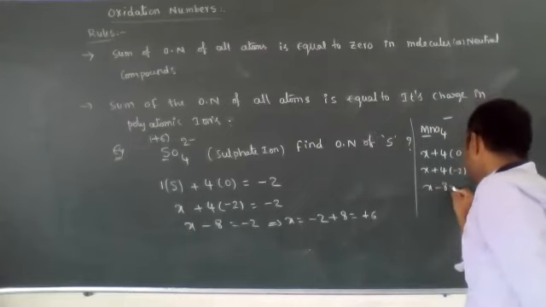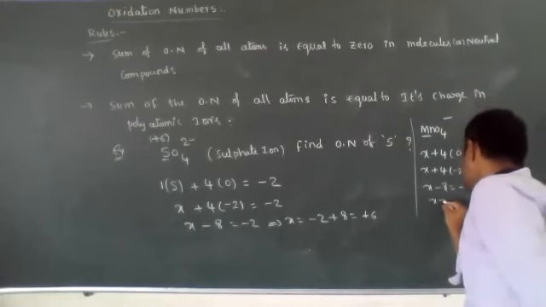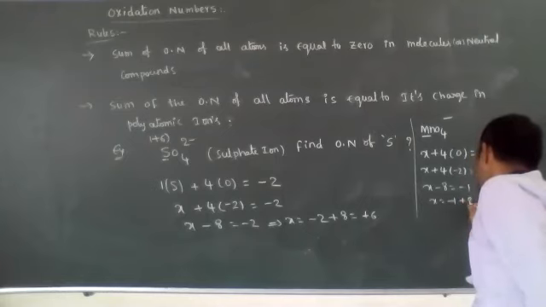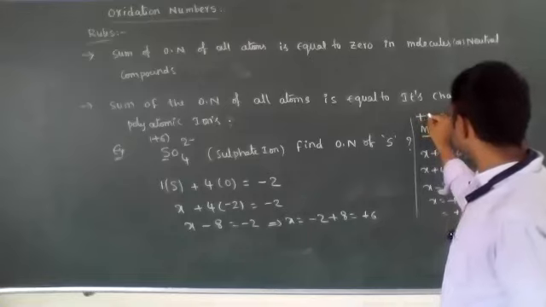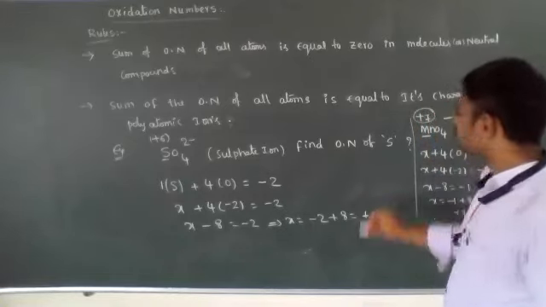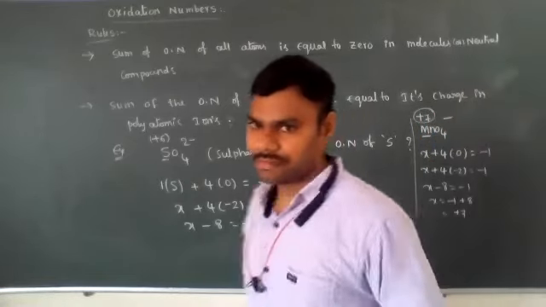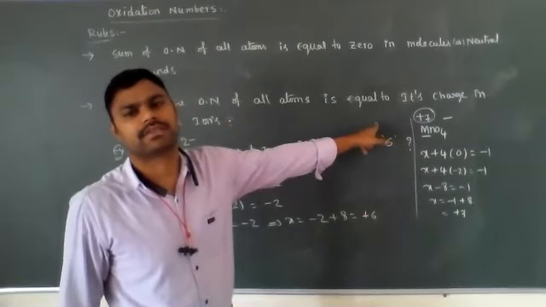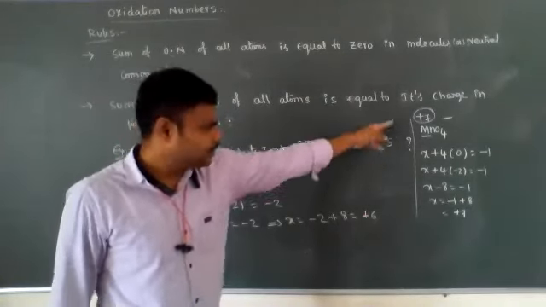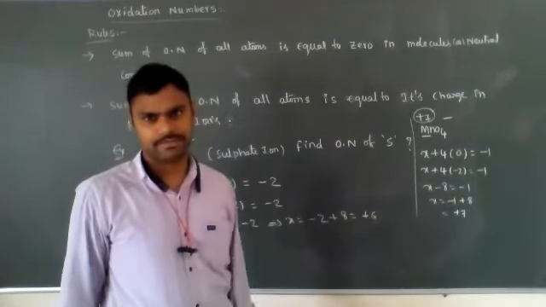X minus 8 is equal to minus 1. X is equal to minus 1 plus 8, equal to plus 7. So in MnO4 minus, the oxidation number of manganese is plus 7.